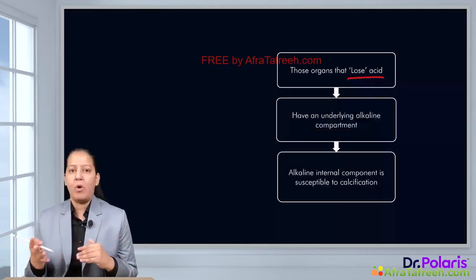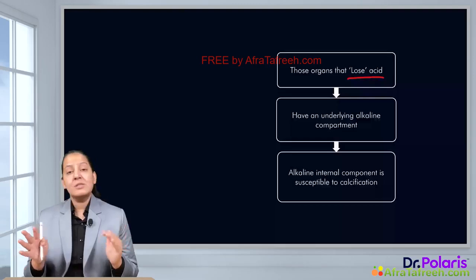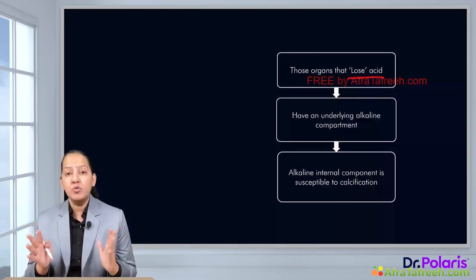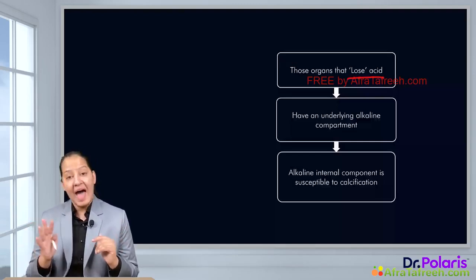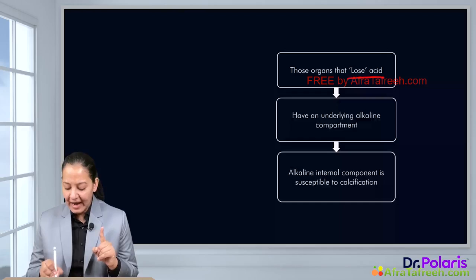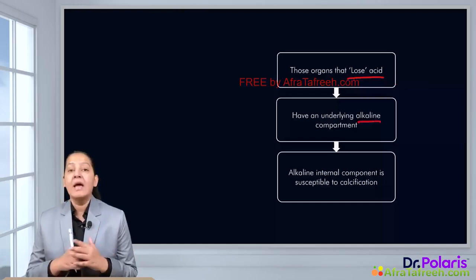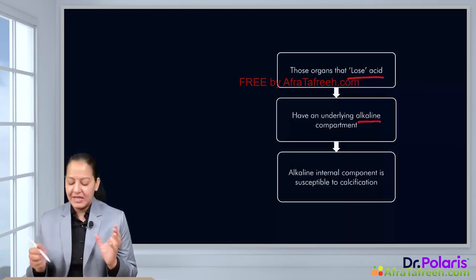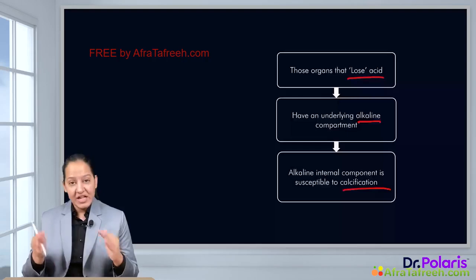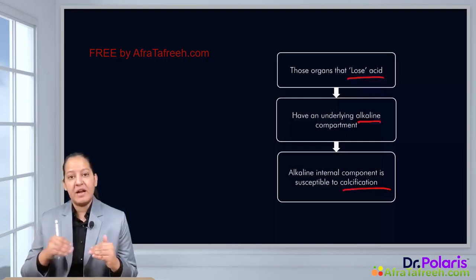Whenever, and there are other organs also, I will give you the examples, whenever any human part, human cell, human organ loses acid, the underlying environment of the cell becomes alkaline. And alkaline environment, alkaline pH attracts the calcium for calcification.